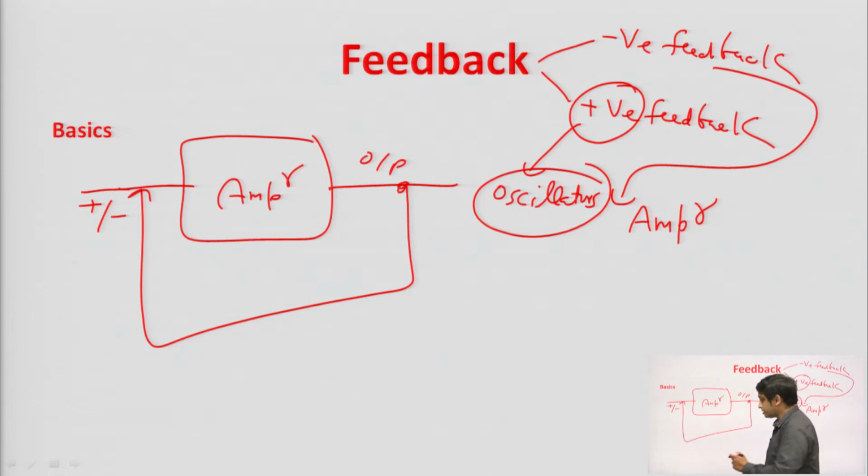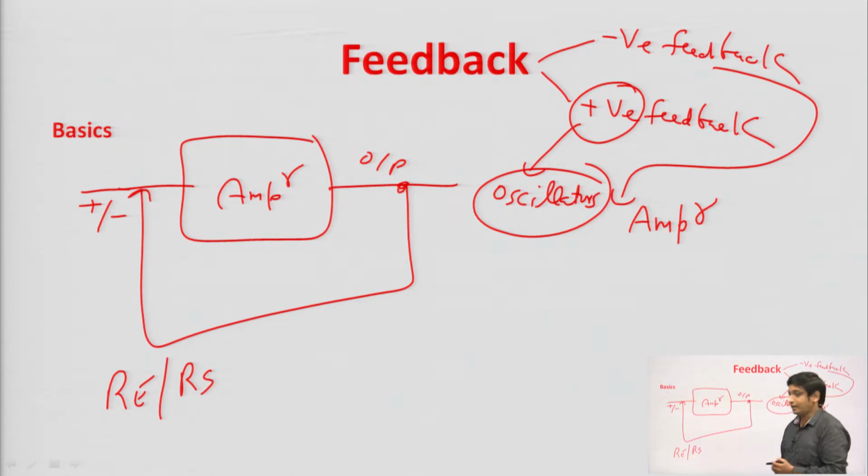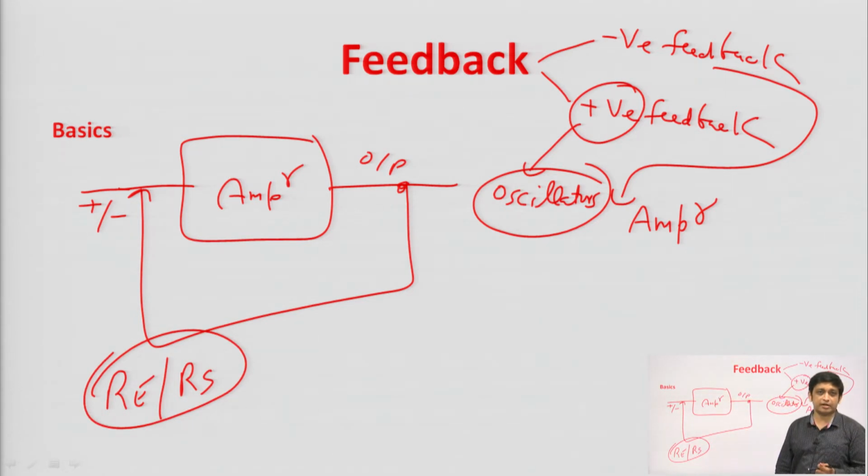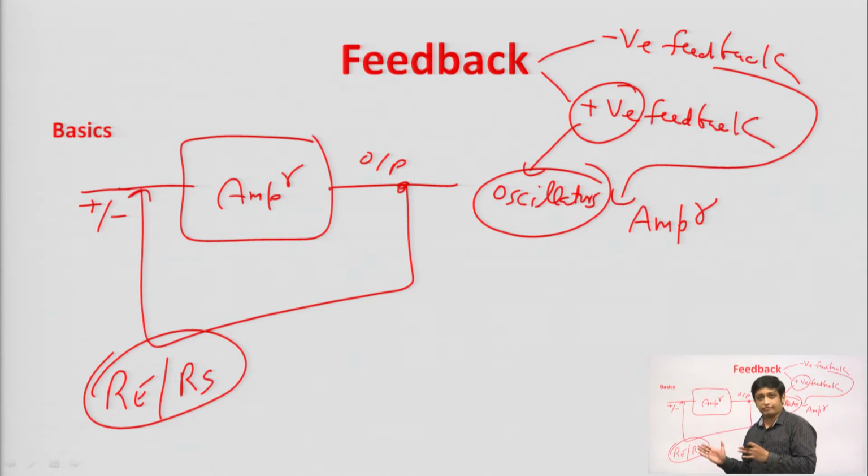There we have used a resistance Re at the emitter terminal and resistance Rs at the source terminal of MOSFET, and the function of that Re and Rs in BJT and MOSFET amplifiers is that it provides negative feedback, and the advantage is that because of it the bias current does not change, the bias current is stabilized. That is the function of negative feedback. This is one application that we have already learned in unit 1.